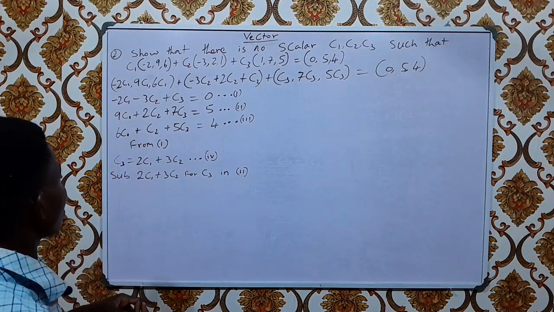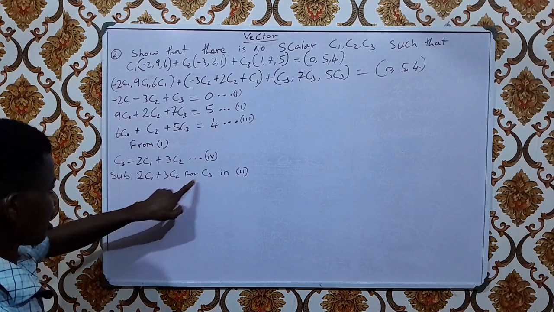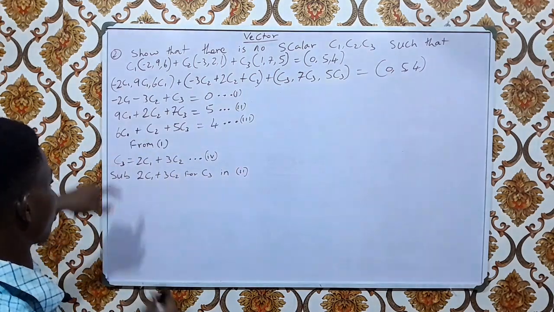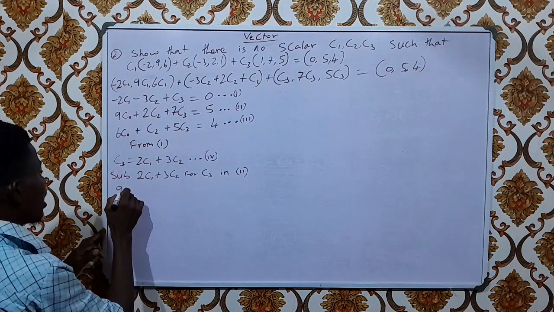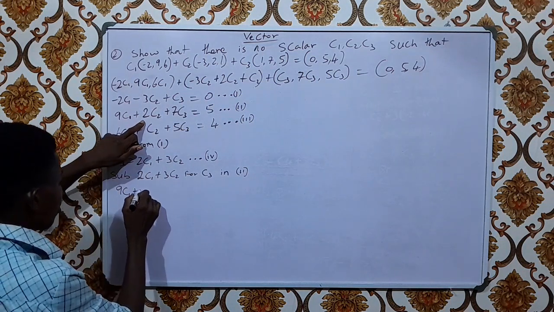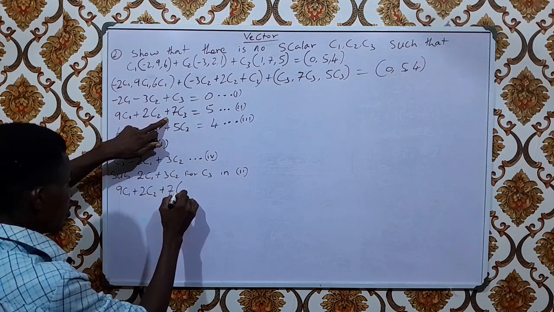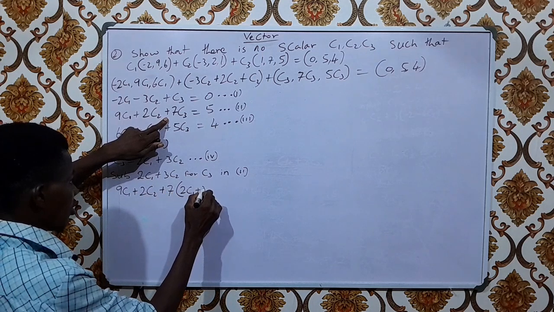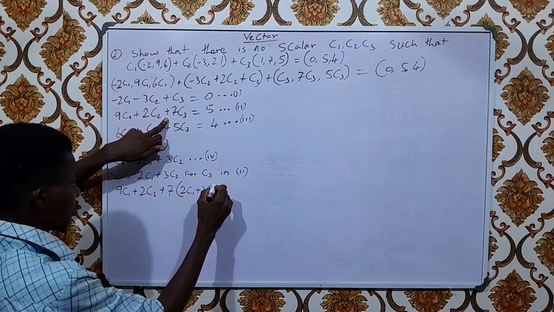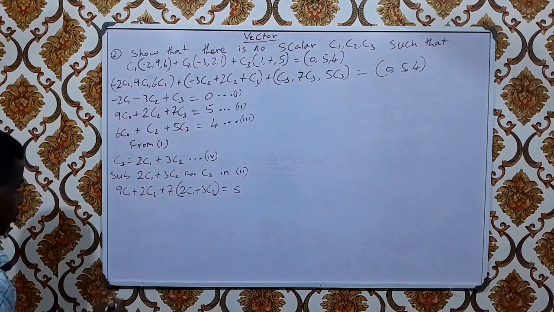This means any place we see C3, we put this in equation 2. So we have here 9C1 plus 2C2 plus 7, open bracket, 2C1 plus 3C2, close, equals 5.